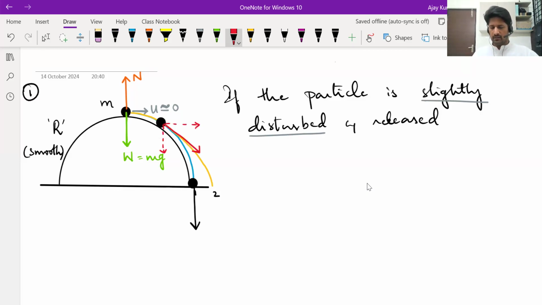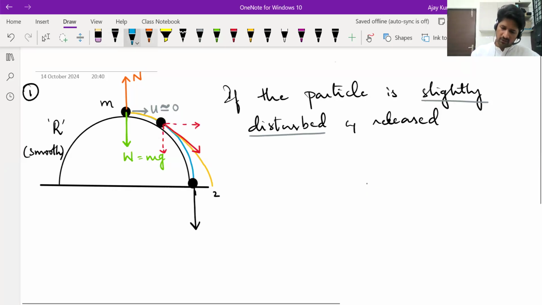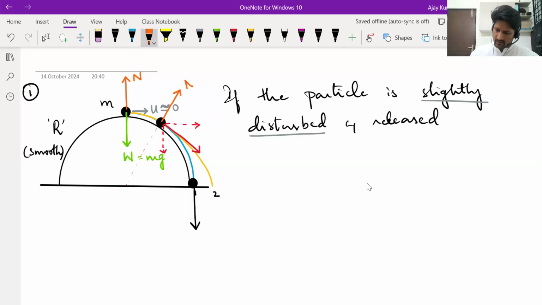Let it be. And along the way, if you visualize the forces acting on it, there will be a normal force acting like this. Normal force should act perpendicular to the surface of contact. So it acts like this. And there will be mg acting vertically downward. Now you consider normal force and mg. Do any of them have a component to the left?